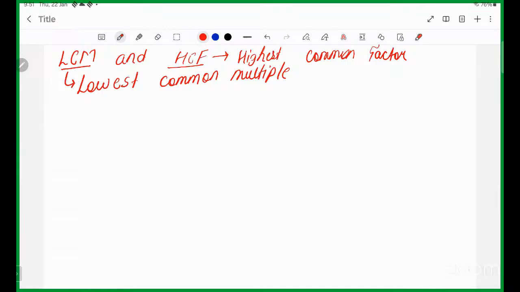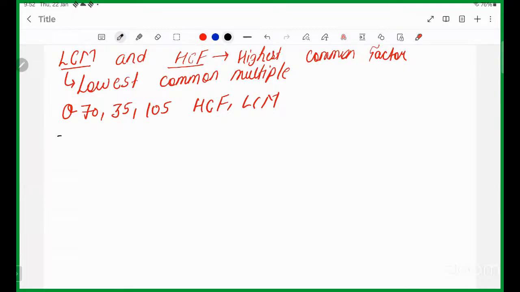So if numbers are given, 70, 35, 105, find HCF and LCM of them.